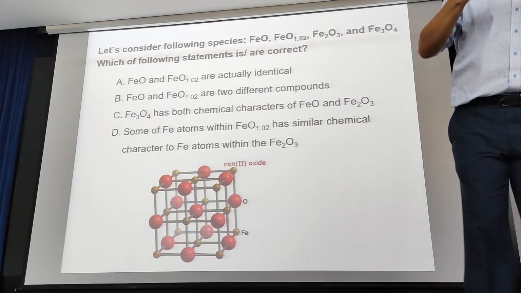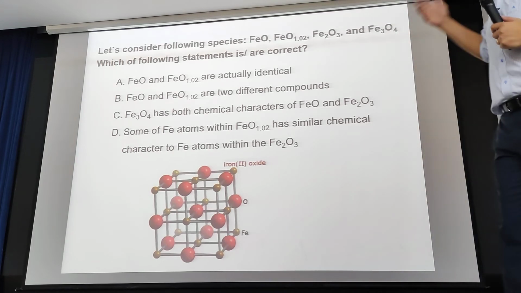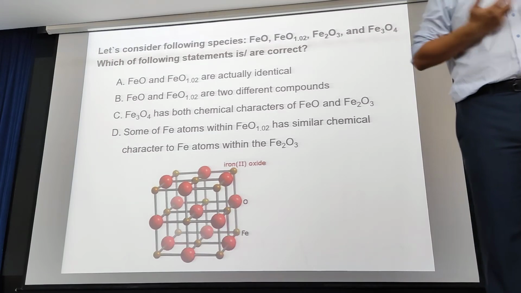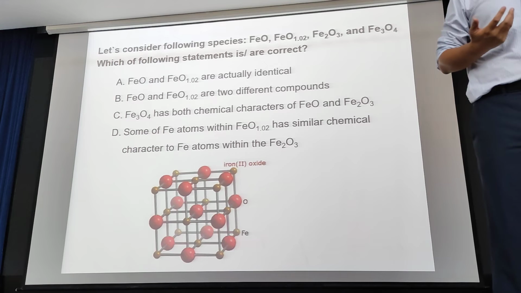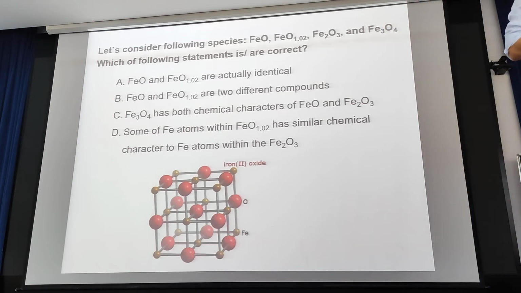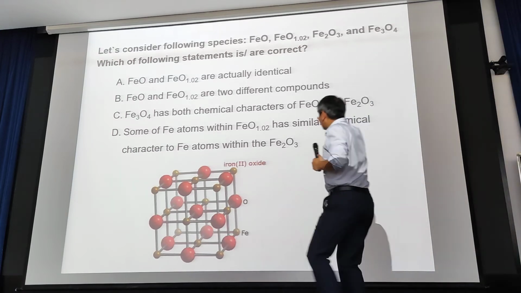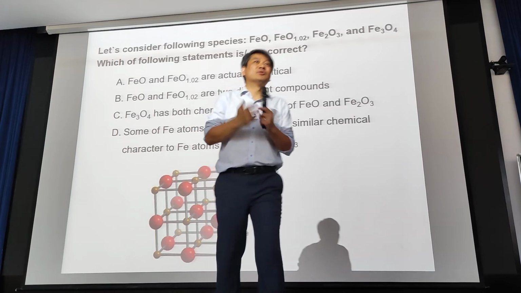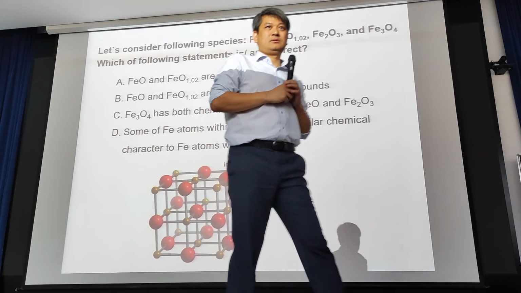But how can it have more oxygen than 1? Because if iron is 2 plus, oxygen is 2 minus, so the ratio would be 1:1. So how can this compound have more oxygen? Where does the extra oxygen come from and where can it be put in this structure?